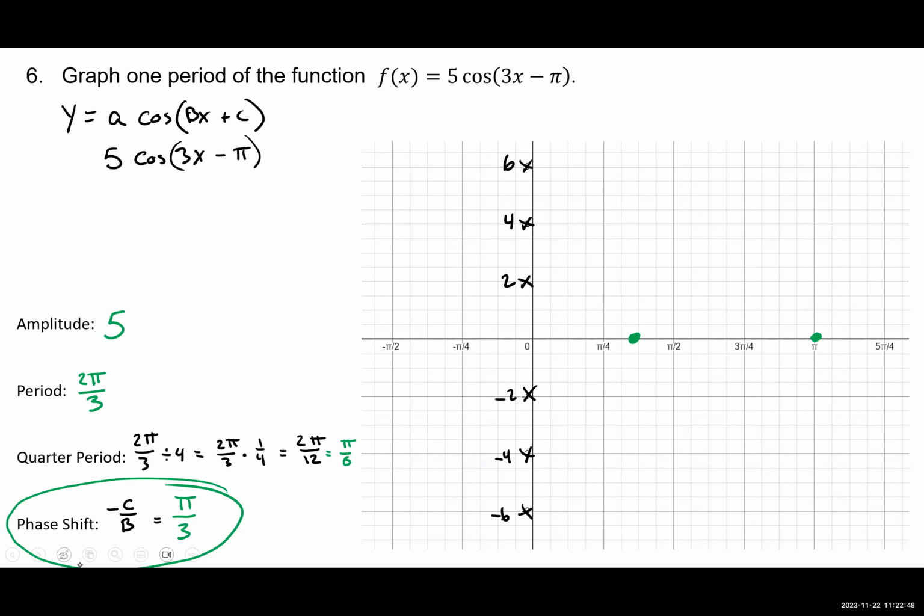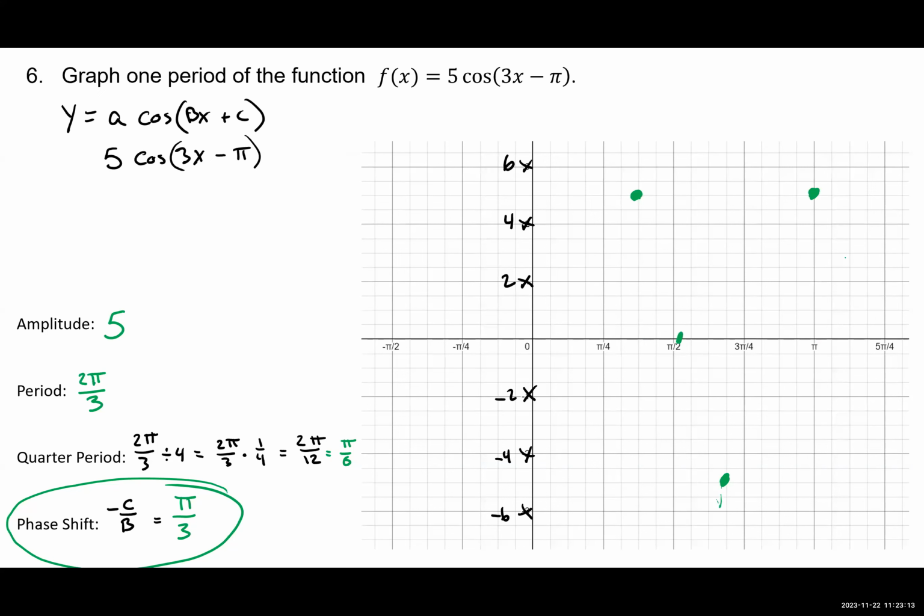And so our cosine graph starts up. So this first point is going to be up here at 5. It's going to end up here at 5. Halfway through, it's going to be down at its minimum.